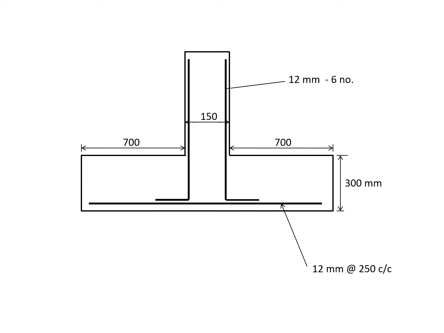You can subtract 50 mm cover, so 650 is more than 12 into 47. 12 into 47 comes to 564. So this width of the footing beyond the column is sufficient to develop the stresses. So this is how development length is.